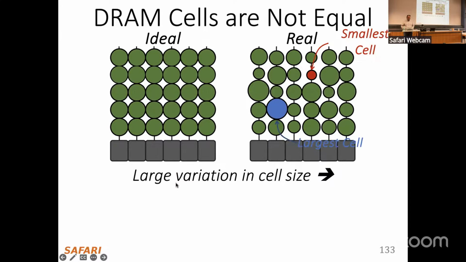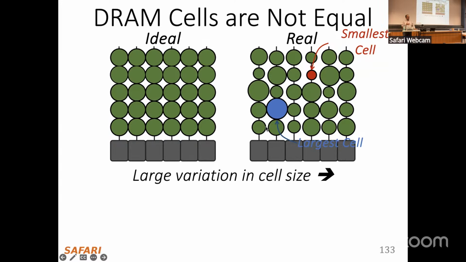We will have large variation in cell size, from the smallest cell to the largest cell. When your cell is small, meaning the capacitor is small, that cell stores much lower charge. When you connect that cell to the bitline, in the first procedure, which is charge sharing, that capacitor cannot provide enough charge for you. The current is limited.